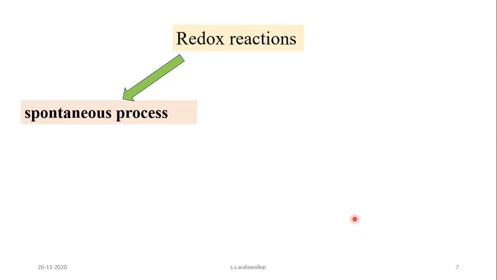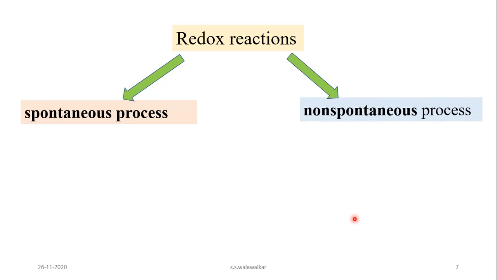Such reactions are spontaneous reactions. And non-spontaneous redox reactions are those reactions which do not take place of their own, but require some external force to produce a chemical reaction. Then these reactions are called non-spontaneous processes.